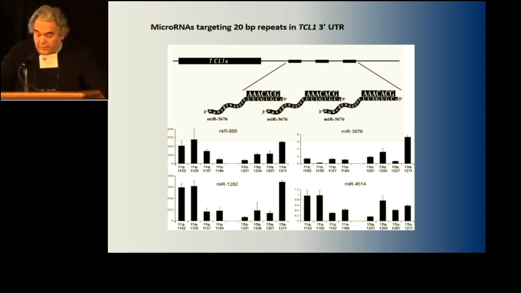Then we found that MIR15 and 16 also target MCL1, which is also overexpressed in CLL, and so on.